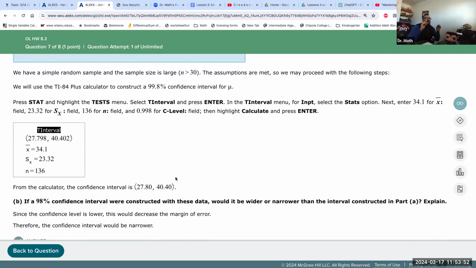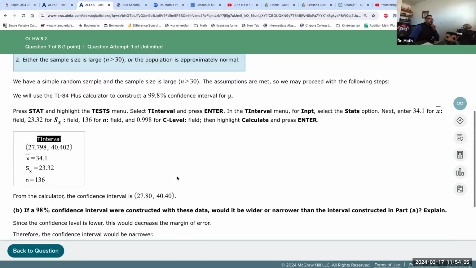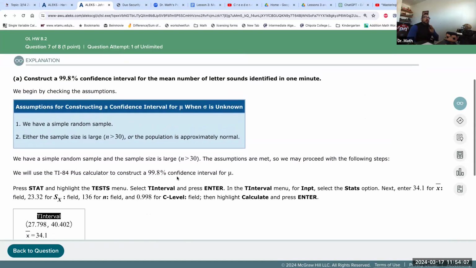That means your confidence interval is more narrow, and those numbers are closer together. If you want a wider confidence interval, you've got to increase your confidence level. So make sure you write down the note: the bigger the confidence level, the wider your confidence interval.